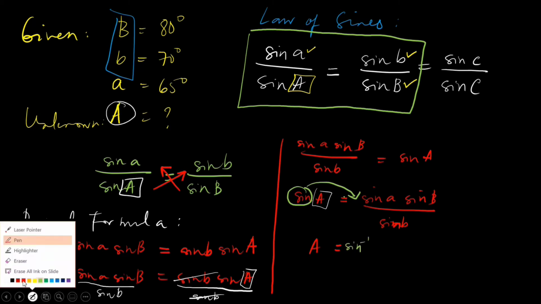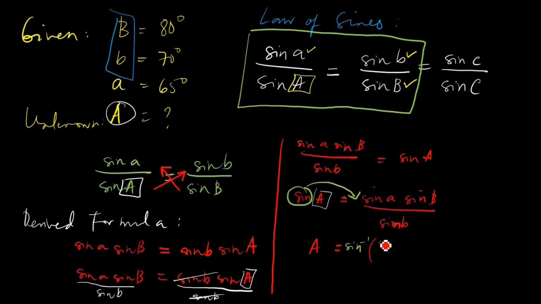Then you just copy the right side. We have sine of small a, sine of big B over sine of small b. That's it. So you just copy the right side. So this is already the derived formula.